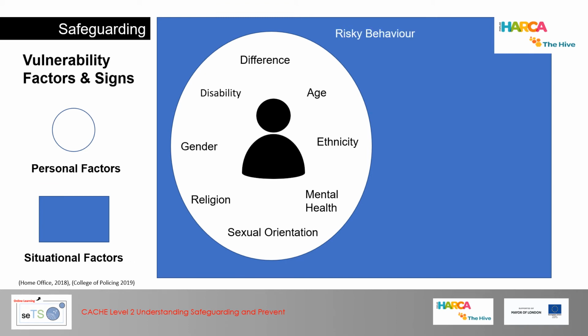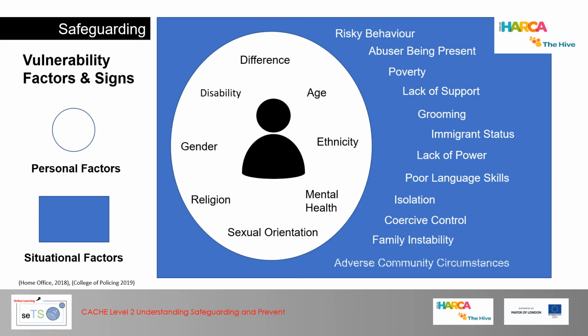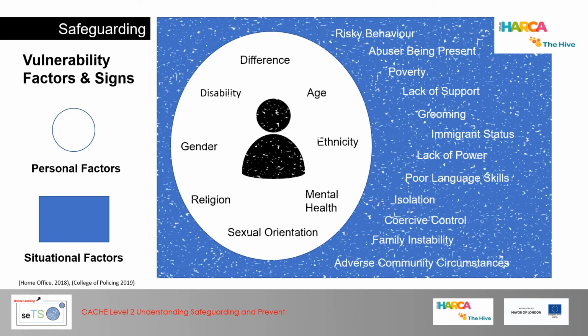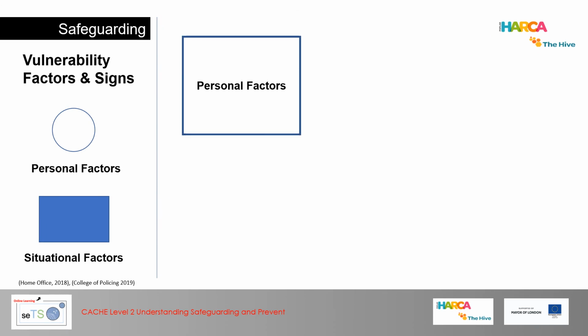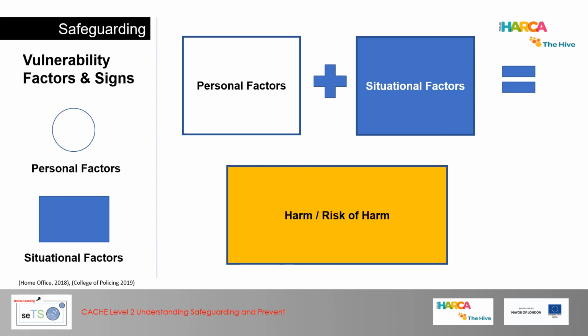There may be elements of risky behaviour, the abuser being present, poverty, lack of support, grooming, immigrant status, lack of power, poor language skills, isolation, coercive control, family instability and adverse community circumstances. And remember that when you add the personal factors to the situational factors, it equals a harm or risk of harm to that individual.